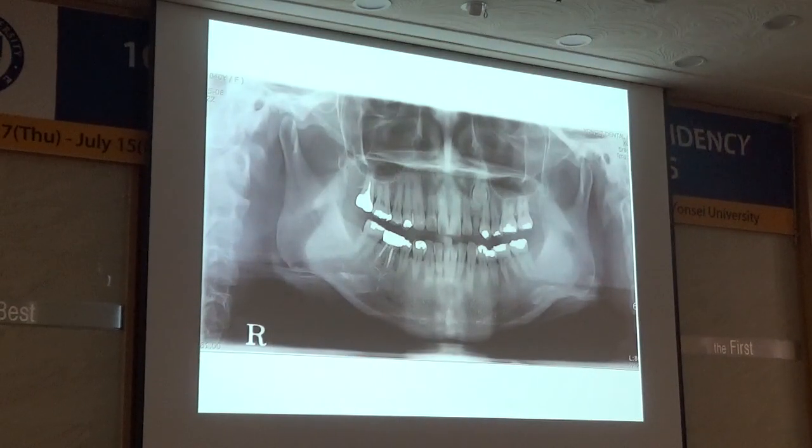So we have to change her occlusion at the left upper side. Sometimes it may be very difficult, and it may cause the patient discomfort. You can try, but when you do, you have to explain that you may use the impacted tooth, but there may be a change of occlusion in that tooth area.